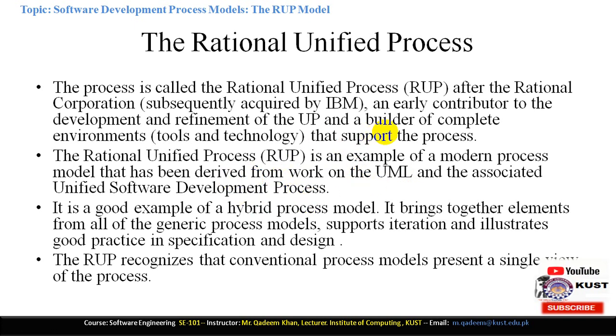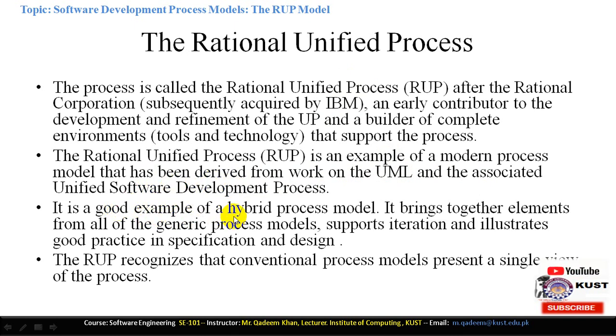Here, the UML converts the requirement into such a format which can be easily developed. So basically, the rational unified process model is one of the modern process models that is using the UML concepts for the software development.